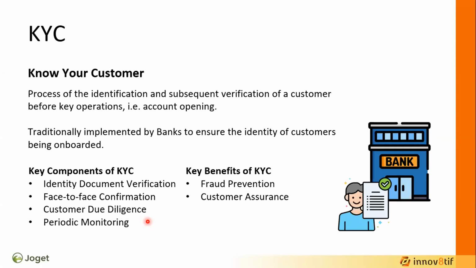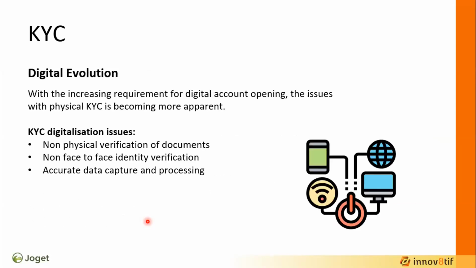Next would be the benefits of KYC, things like fraud prevention as well as customer assurance, among many. Currently there are some issues with KYC, meaning that in this current climate, it's incredibly difficult to implement businesses and processes that do not have a digital equivalent, right? Now all the processes are being digitalized.